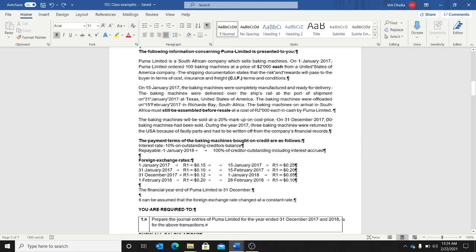So now, if 30 have been sold, you need to establish the cost price of one, so that you know that one cost me so much. If 30 were sold, they were sold at this rate, okay. Then it also says during the year 2017, 3 baking machines were returned to USA because they are faulty and had to be written off from the company's financial records. So 3 had to be written off.